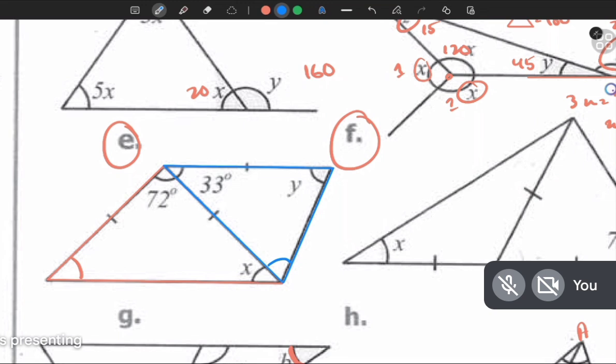I don't remember, it's called an isosceles, right? But do you remember the property it has if two sides are equal? Yeah, then they have the same angle, right? So this is equal to y and this is equal to x, right?